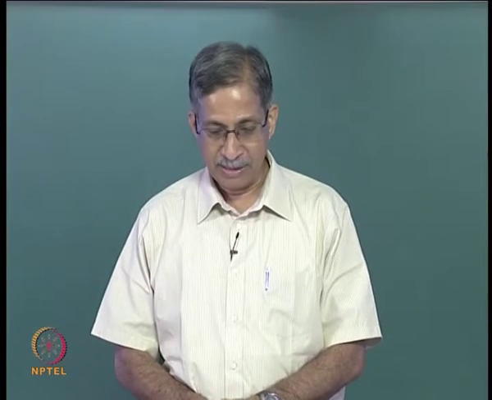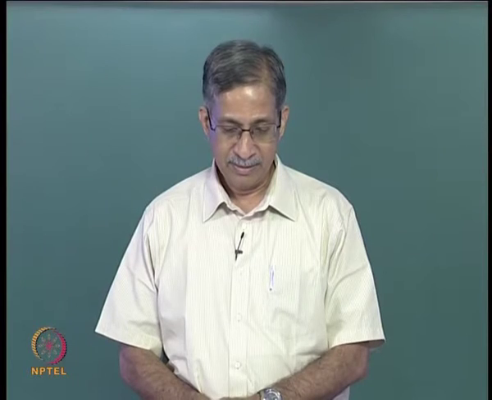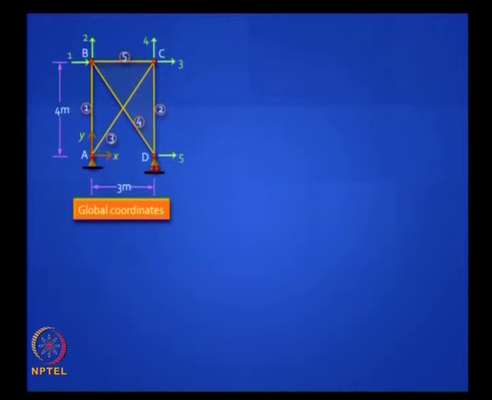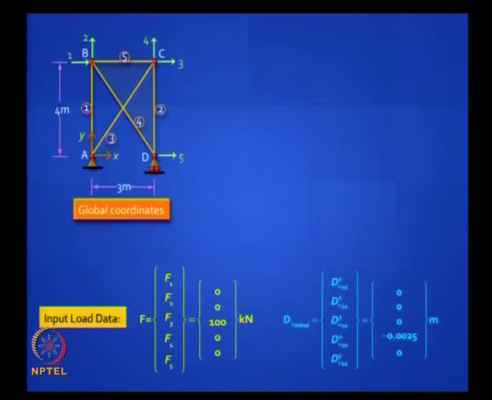So 1, 2, 3, 4, 5, these are the 5 coordinates at the active degrees of freedom. And the input load data says that F3 alone is non-zero, F3 is 100 kilonewton, clear? The direction is in the same positive direction as the coordinate 3, F1 is 0, F2 is 0, F4 is 0 and F5 is 0.